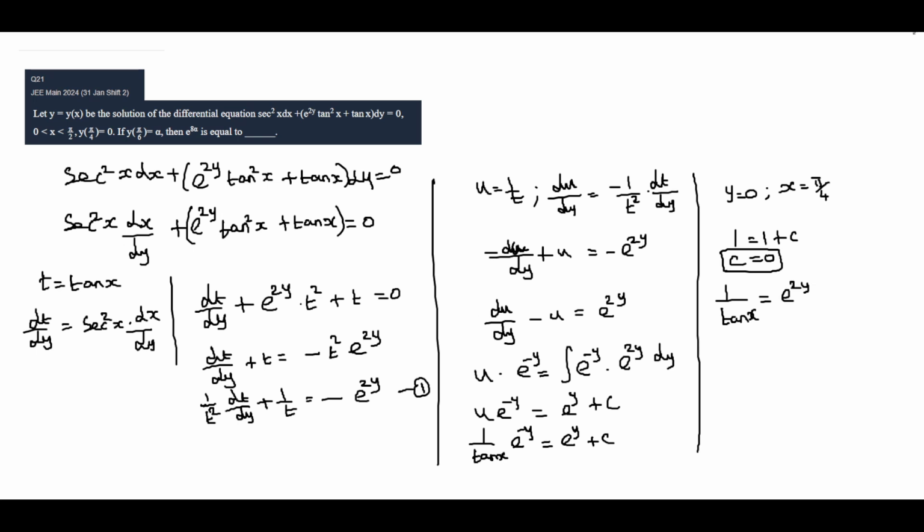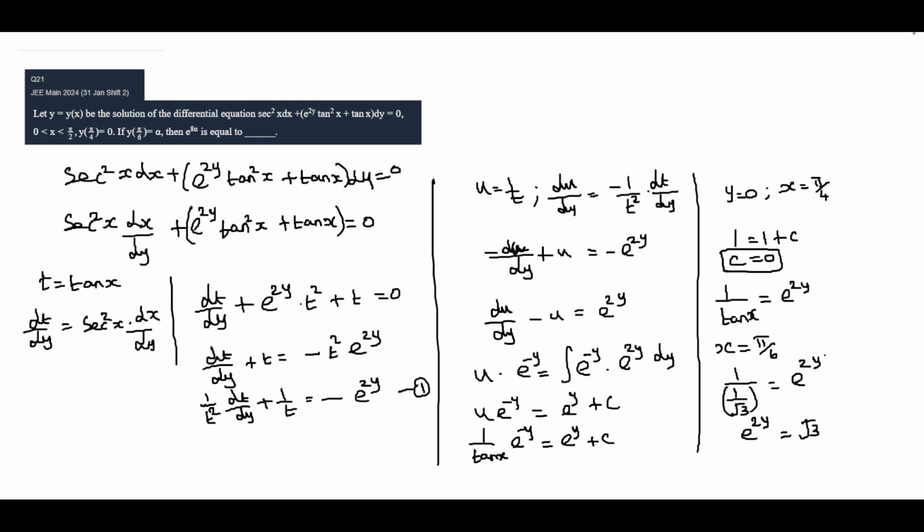Now apply x equal to pi by 6, so 1 by tan pi by 6, which is 1 by root 3, equal to e power 2y, so e power 2y equal to root 3.